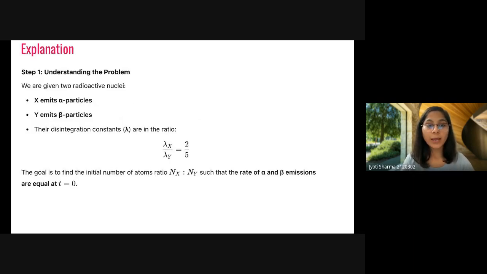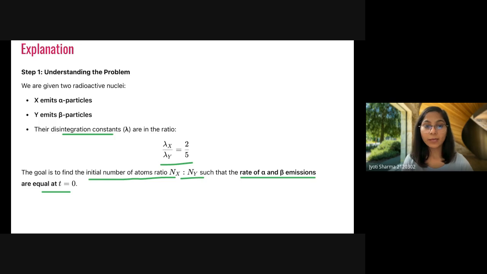Initially you had this ratio of the disintegration constants, that was 2:5. The goal is to find the initial number of atoms ratio so that the rates of alpha and beta emissions are equal at t equal to 0.